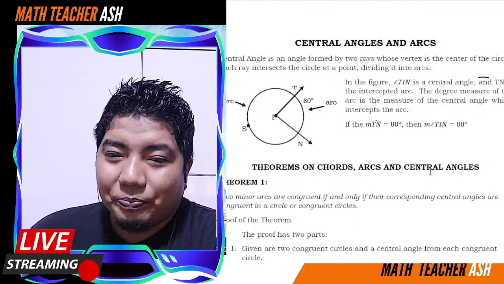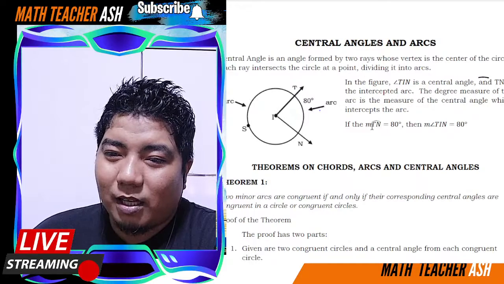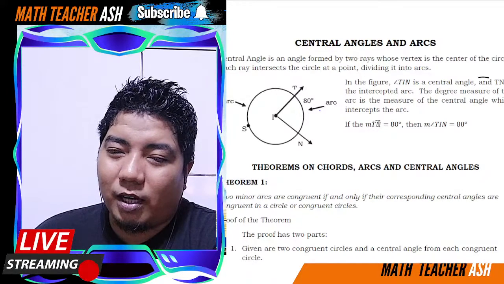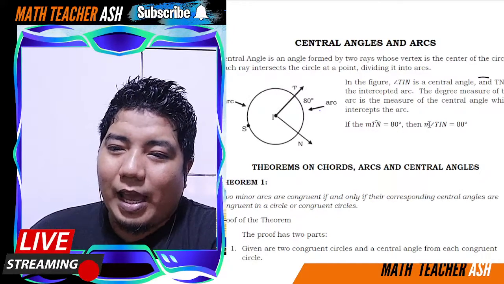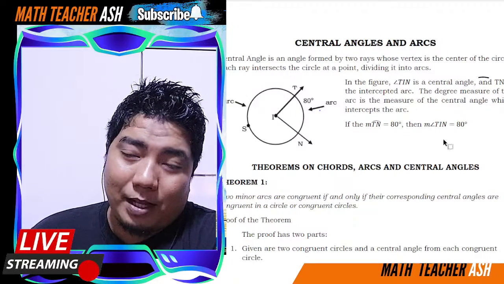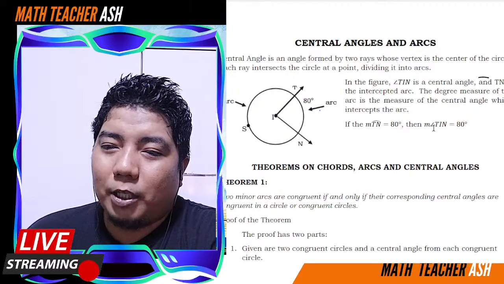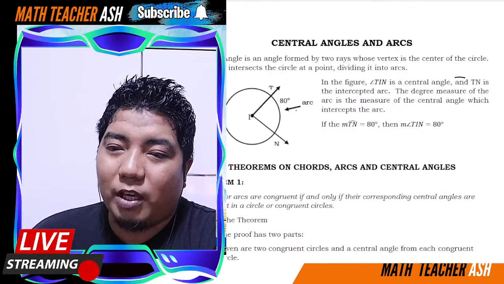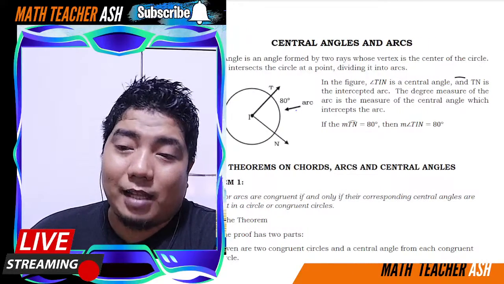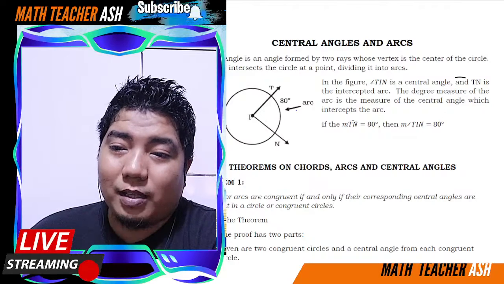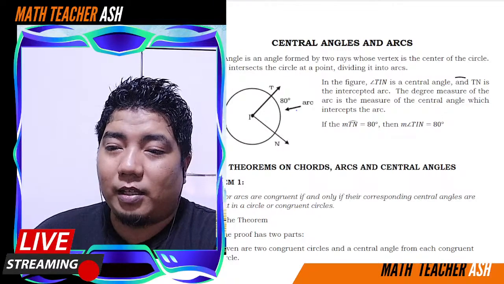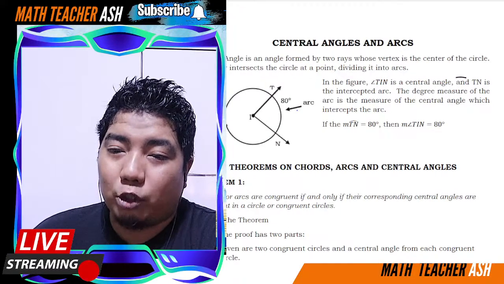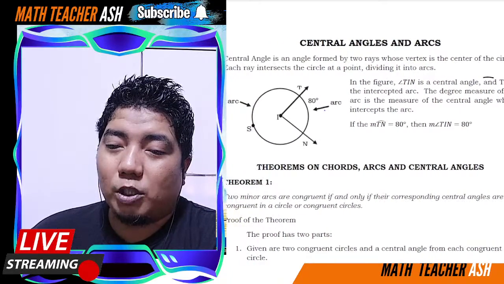Alright. So, as you can see here that the measurement of arc TN is 80 degrees, and the measurement of angle TIN is also 80 degrees. So in the figure, angle TIN is a central angle and arc TN is the intercepted arc. The degree measure of the arc is the measure of the central angles which intercept the arc.